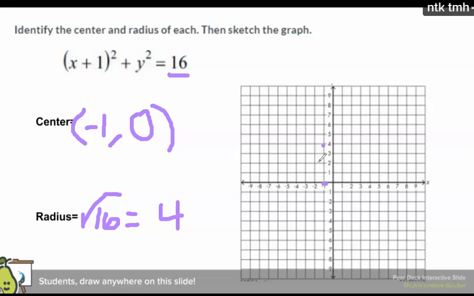So it goes up 4, over 4, which actually puts it at -5, down 4, and to the right 4, which puts it at 3. And then you can kind of try your best to connect those dots. On the assignment, all you're doing is selecting the multiple choice, so you don't actually have to draw it.